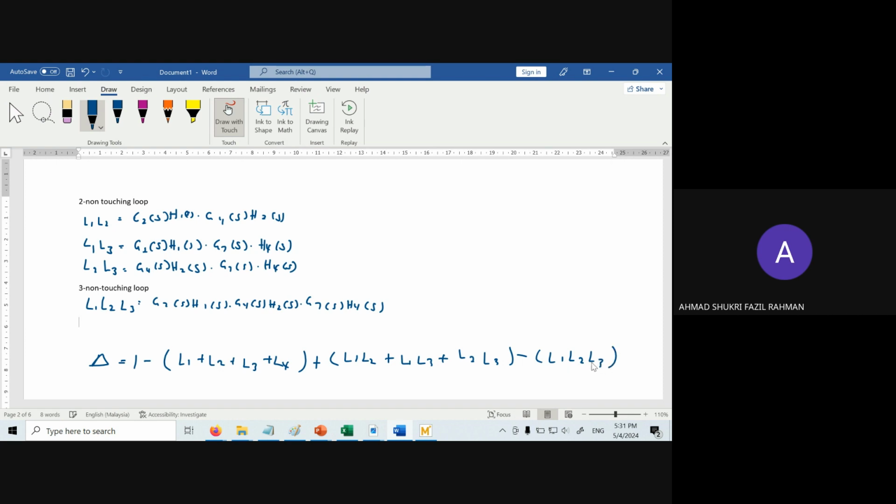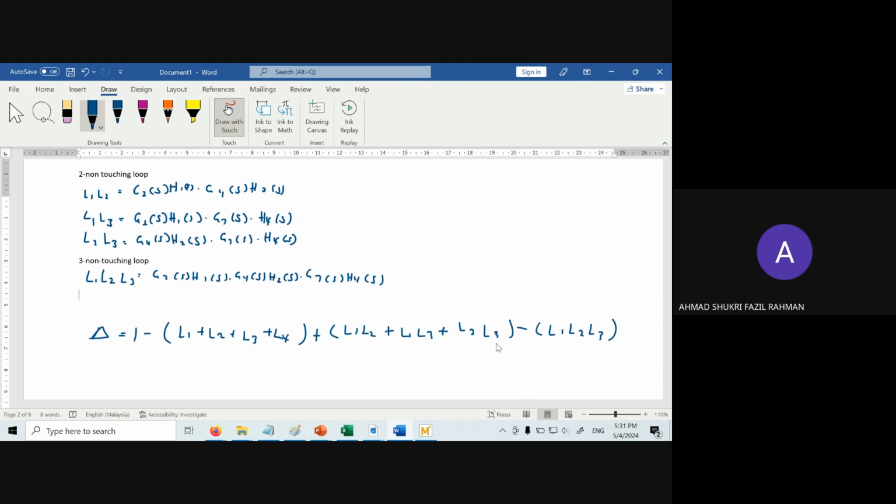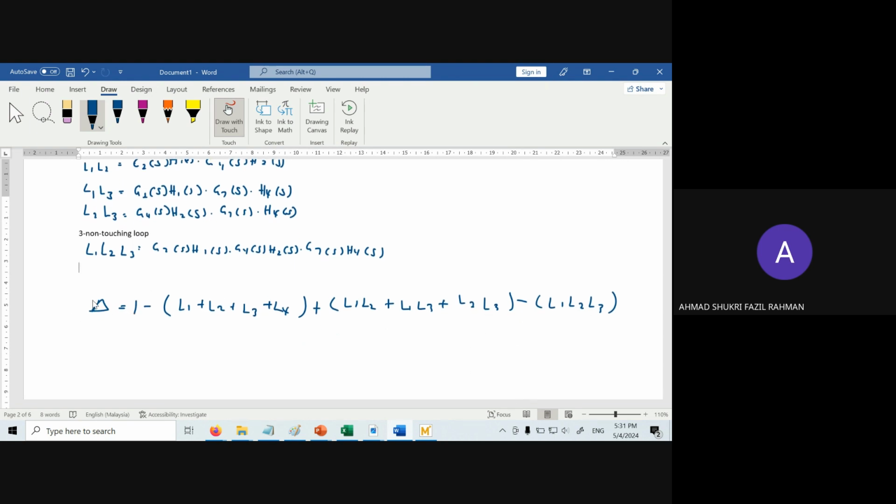Okay, so no need to sum because we only have one set of 3 non-touching loop. So this is the value for determinant. Make sure that you write down the value, so I did not put because too long.